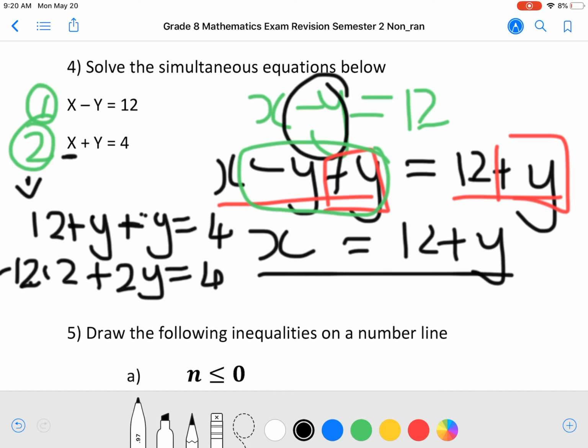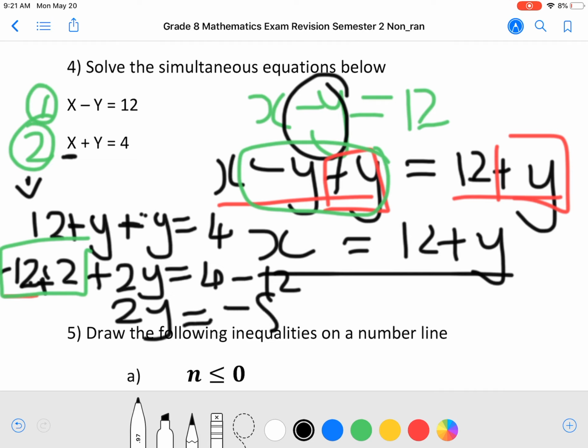So minus 12 plus 12, and then because we do this to the left hand side, we have to do it to the right hand side as well. That takes away, minus 12 plus 12 becomes 0. So we have 2y is equal to minus 8, because 4 minus 12 is minus 8.